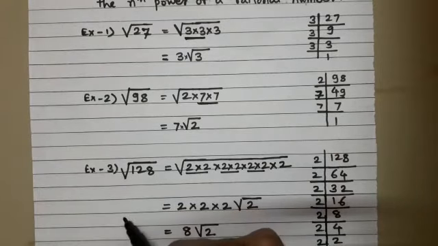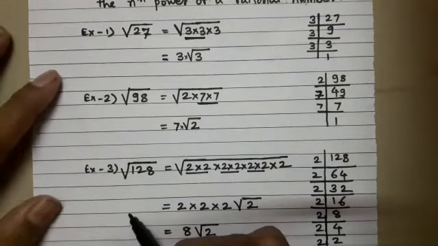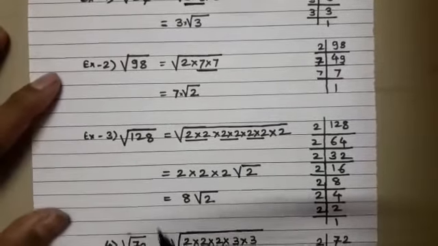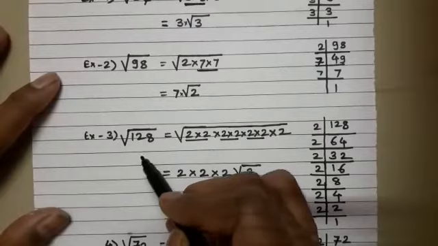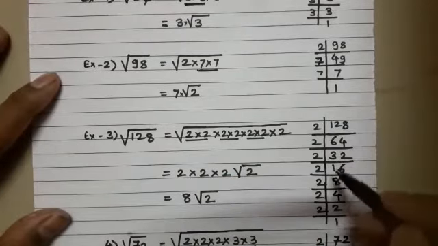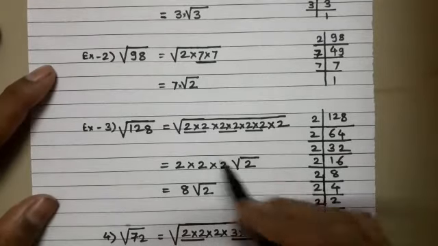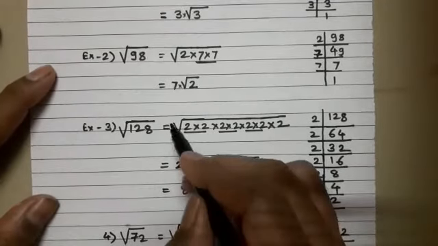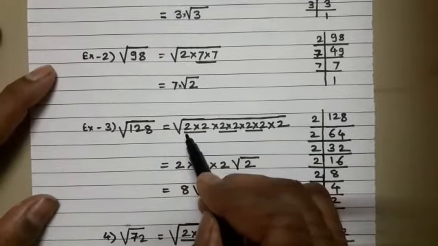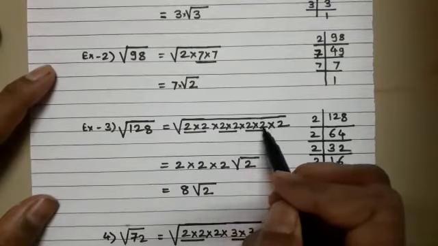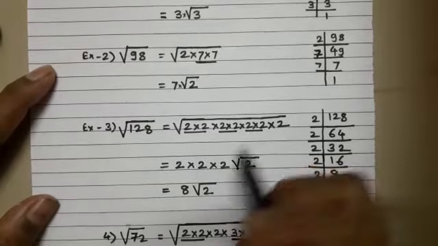Example number three, square root of 128. Find out the prime factors of this given radicand 128. Factorize vertically in this way. Write down the prime factors in the square root: 2 into 2 into 2 into 2 into 2 into 2 into 2, 7 times 2.